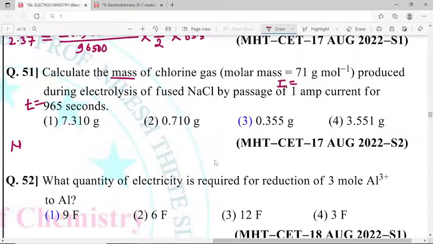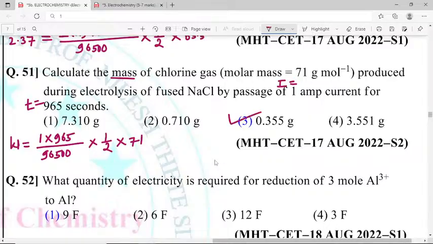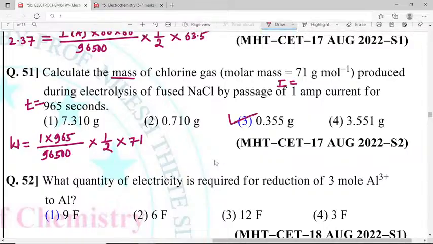W is equal to current in ampere, 1 ampere, time in seconds 965, this whole divided by 96500 coulombs, multiplied by mole ratio of chlorine 1/2, multiplied by molar mass 71. If you solve this, we'll get the answer W as 0.355 gram.